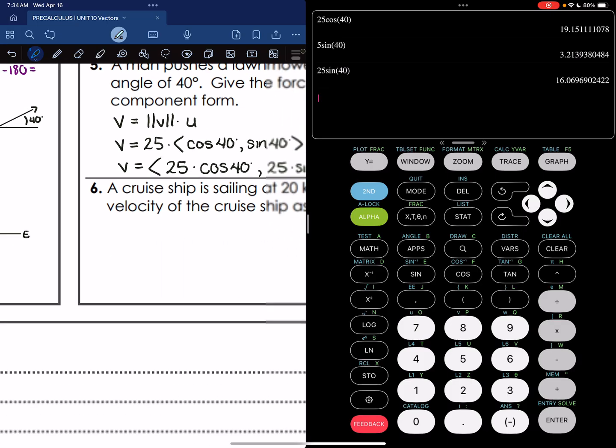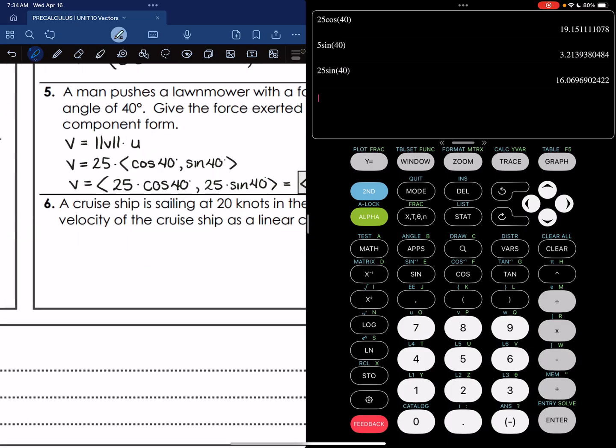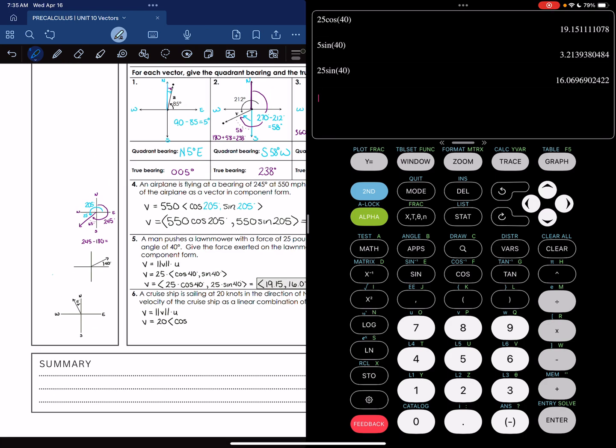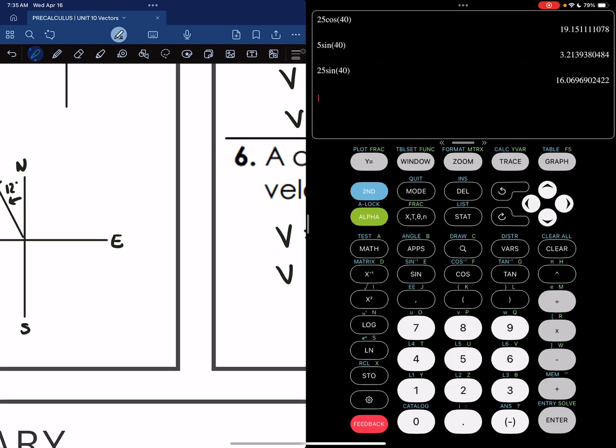Okay, and we're going to figure this out by applying our understanding that our vector is going to be the magnitude times our unit vector, and that would be our magnitude of 20 multiplying with now sine and cosine, but we need to figure out how many degrees we have rotated.